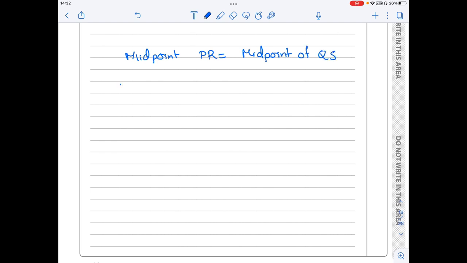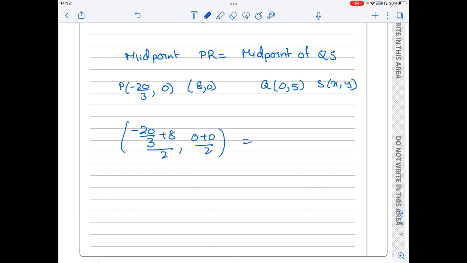Midpoint of PR: P is (minus 20 upon 3, 0) and R is (8, 0). Midpoint of QS: Q is (0, 5) and S we don't know, let it be (x, y). Both midpoints should be equal. So minus 20 upon 3 plus 8 upon 2, comma 0 plus 0 upon 2, should equal 0 plus x upon 2, comma 5 plus y upon 2.